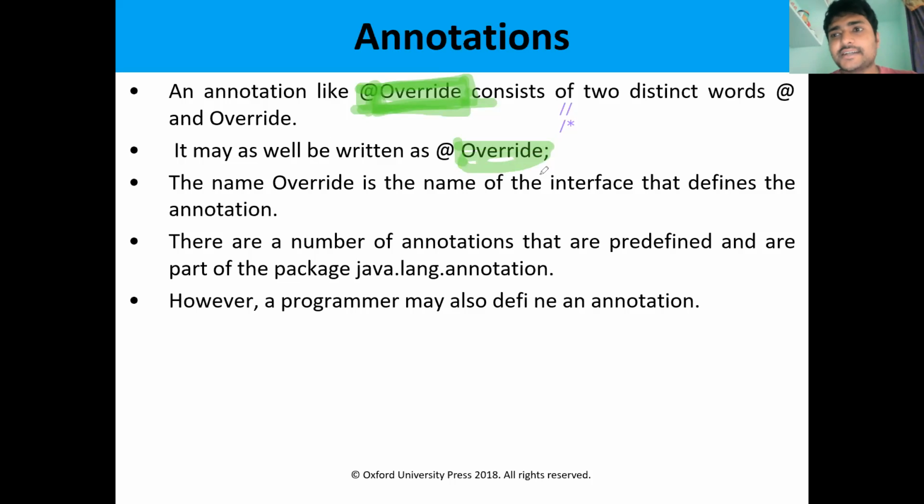Like class, we have class space class name, Student or Inter1, interface 1, likewise we have the annotation name. Here the annotation is Override. That means this is method overriding. The method is already there in the superclass, so the compiler understands that.